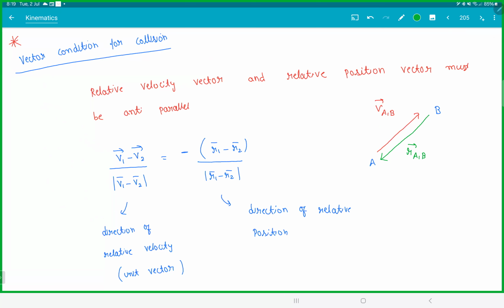The minus sign is important. If the minus sign is not there, that means both are in the same direction, and the position vector will keep on increasing. That negative indicates the distance between them is decreasing. So when you're meeting, the distance should decrease.